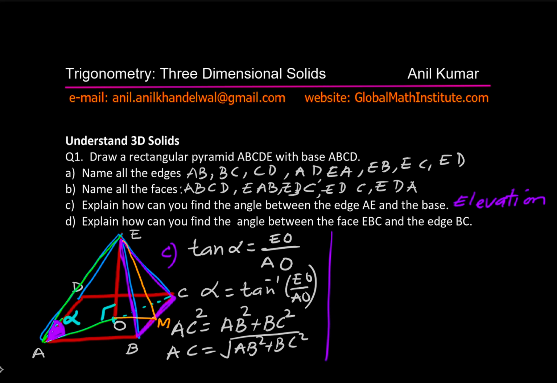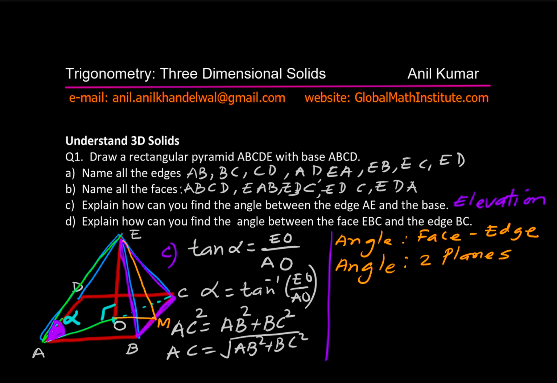So we are trying to find the angle between two planes. When we say the angle between face and edge, we're trying to find the angle between two planes, right?